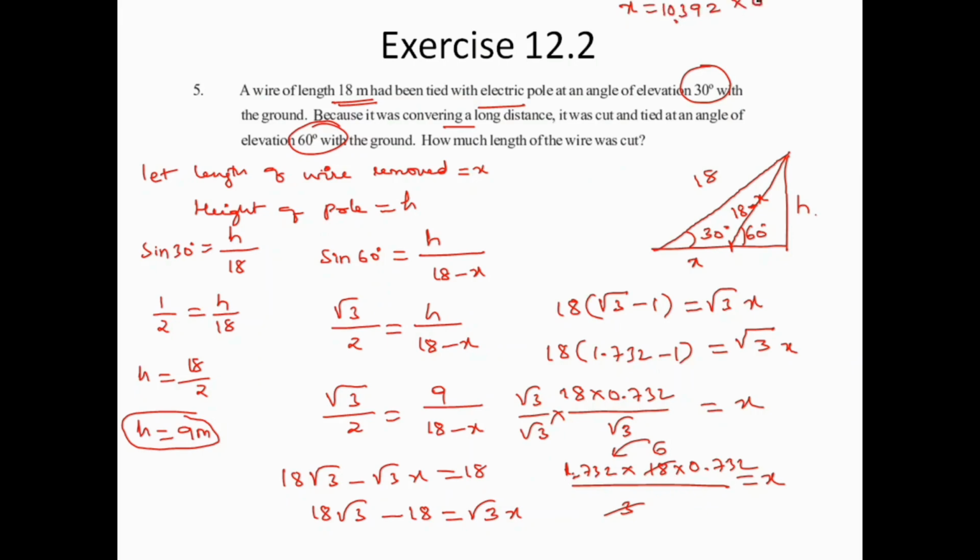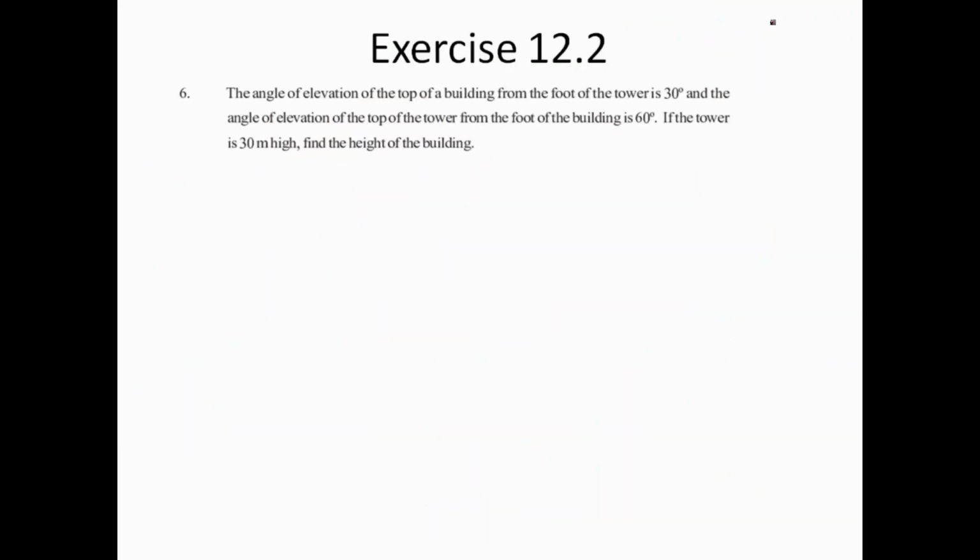Now into 0.732, when I do this, the overall answer comes to 7.606 meters. I hope this is clear to everyone. It is simple computation, so you can do this for now. No need to explain that, right?